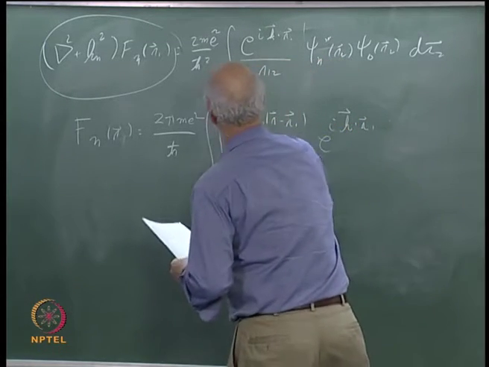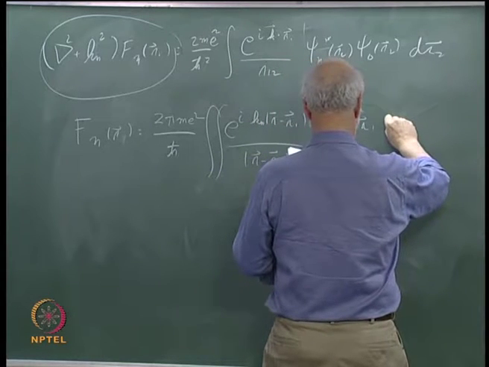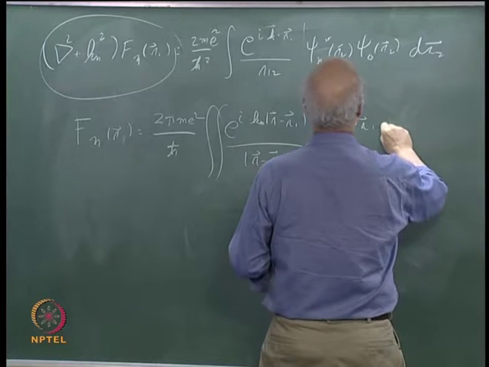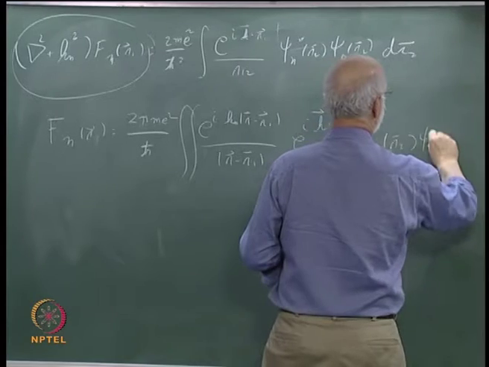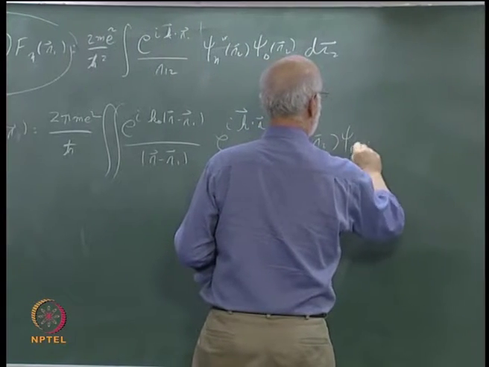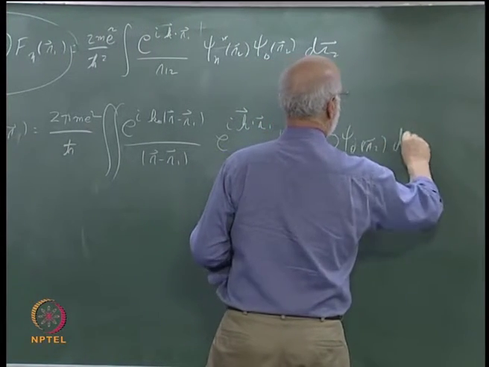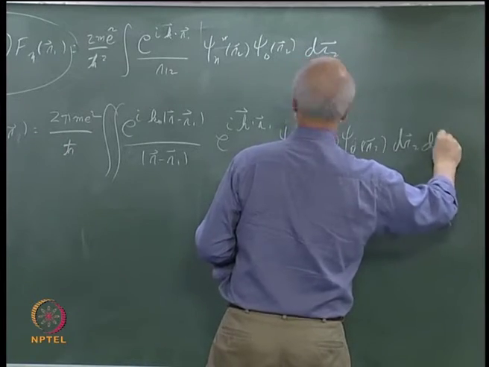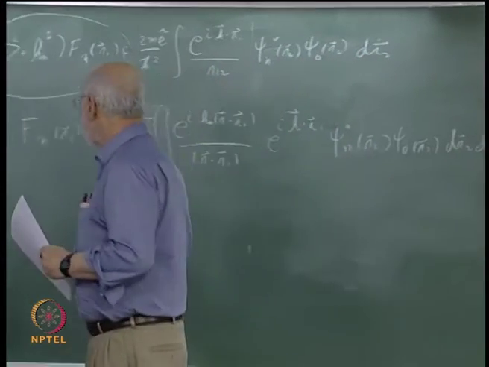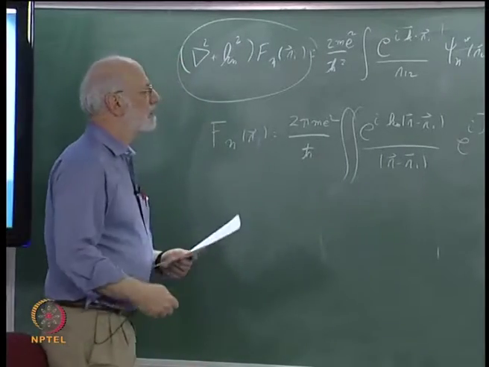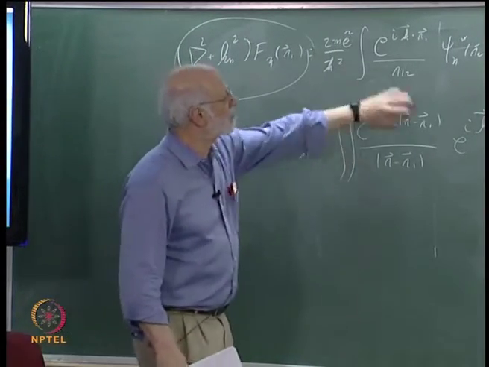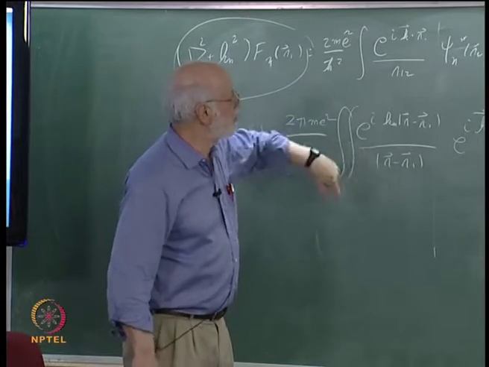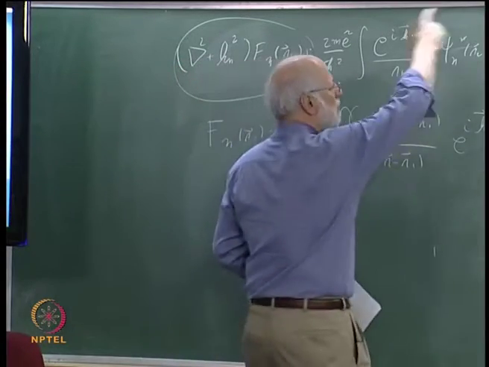Oh, sorry, this is a double integral now. Let me make sure I'm getting this right. Psi n star of R2, psi 0 of R2, dR2, dR1. And this is the exact solution of that. And you see, I have this Green's function business integrated over it, and then just everything else here.